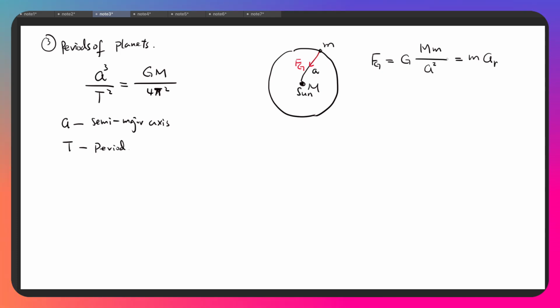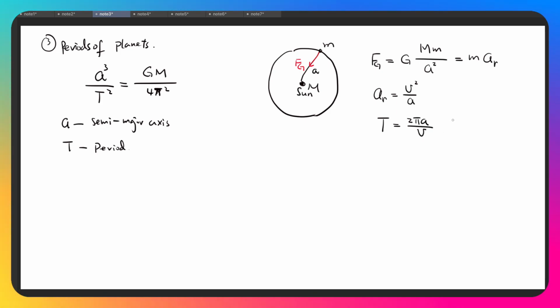m times the radial acceleration. The radial acceleration of the planet is a_R, and a_R we know is v squared over A. V is the speed of the planet around the sun. Since we need to relate A to T, the period, we can use this v, because the period is the total length of the circle, with circumference 2 pi A, divided by v.